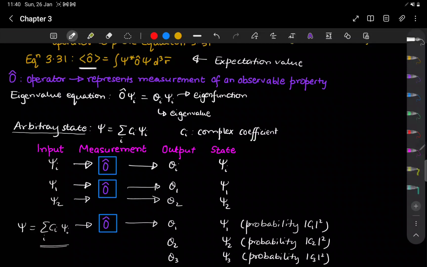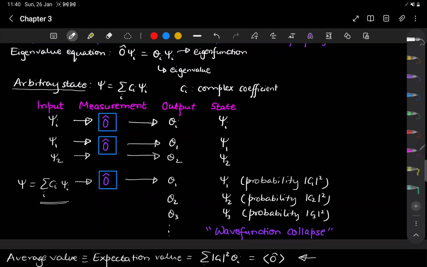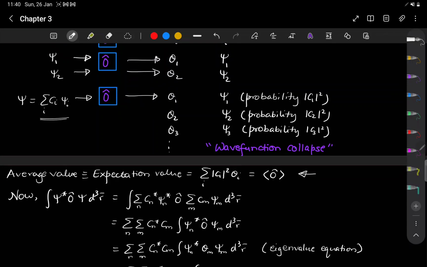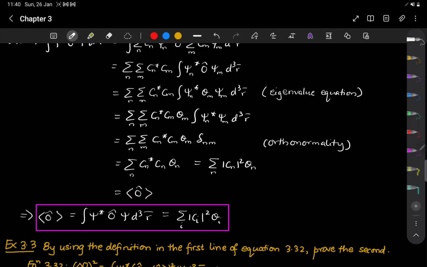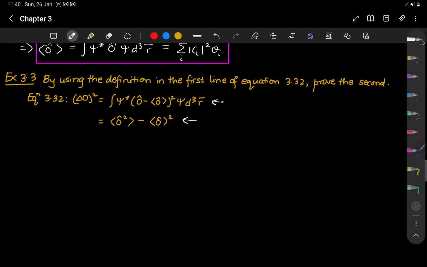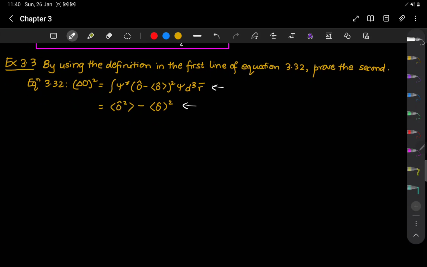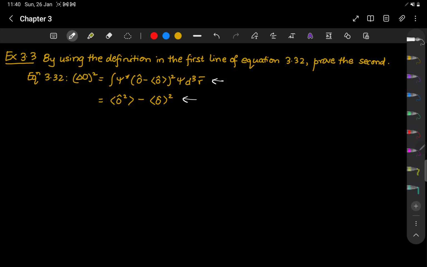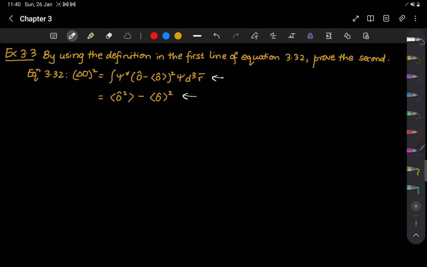So the average of all the results of the measurement is denoted by these angular brackets. It basically means some measurement, and any measurement will give you some output value, and angular brackets denote the average of those output values. So keeping that notation in mind, we need to solve this.